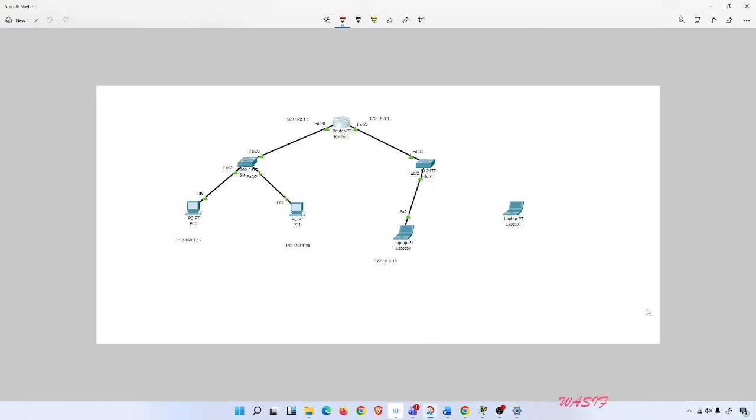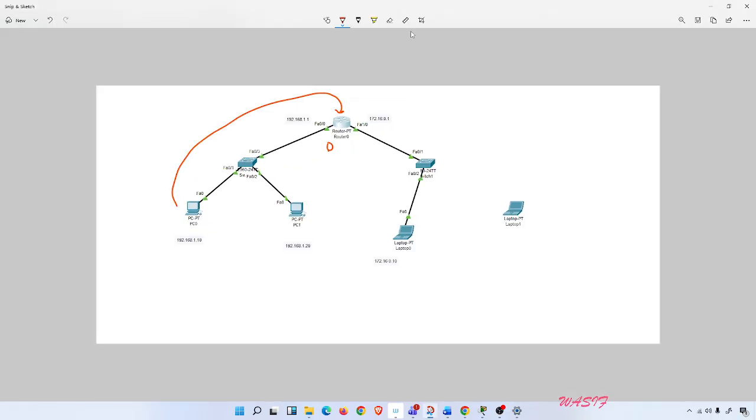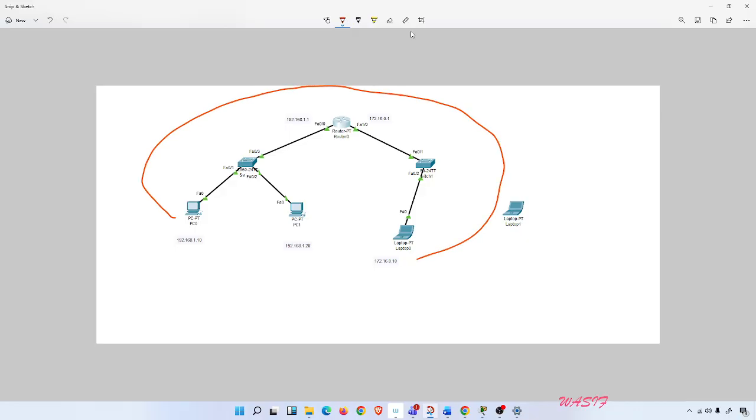So whenever you are sending a packet from here to here, he checks for the destination. If you come here, whenever you want to send a packet from here to here, the packet first goes here.